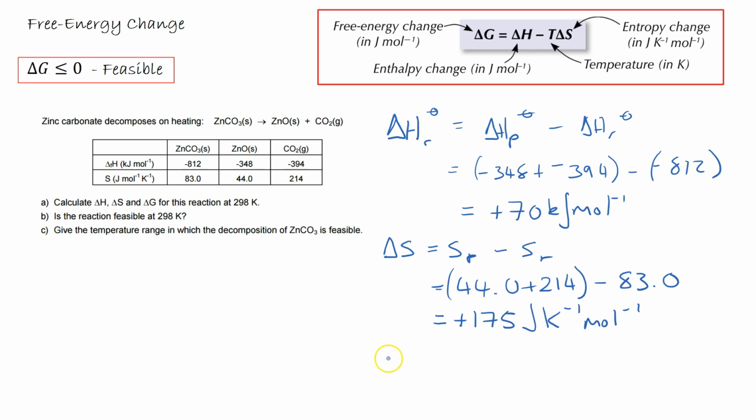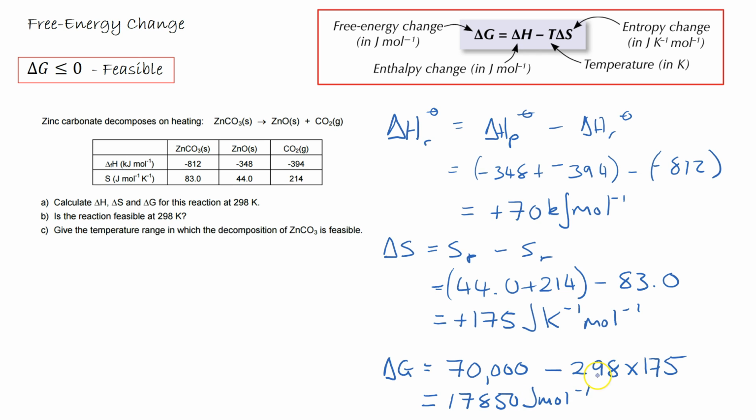And this means that the Gibbs free energy delta G is going to be 70, remember to convert here, 1000 joules per mole, minus the temperature, and we're at 298 Kelvin, multiplied by 175, giving us a value in this instance of 17850 joules per mole, or if we convert it to kilojoules per mole and round it to three significant figures, we get 17.9 kilojoules per mole.